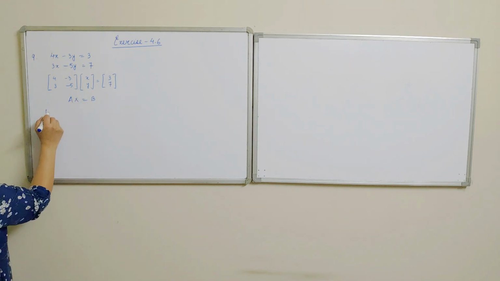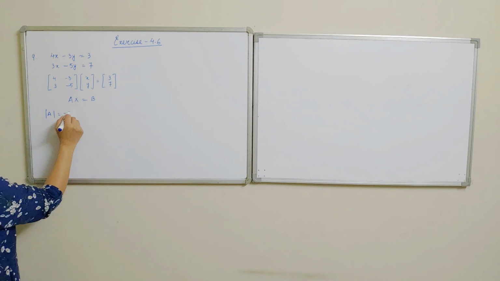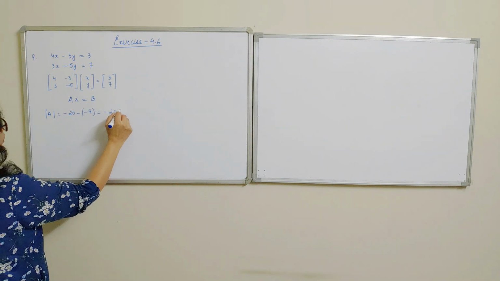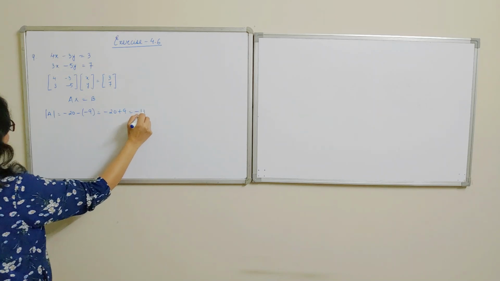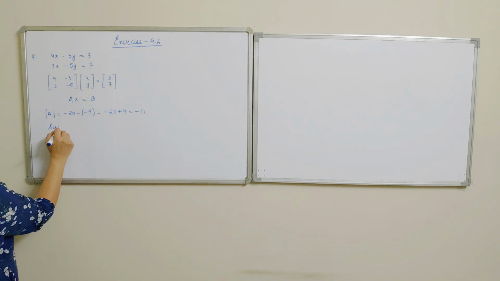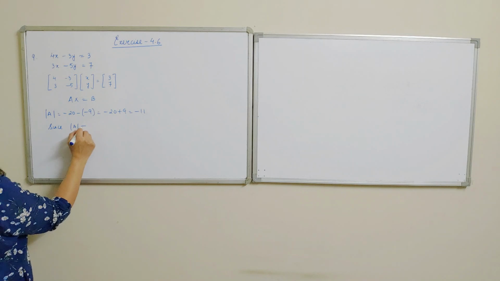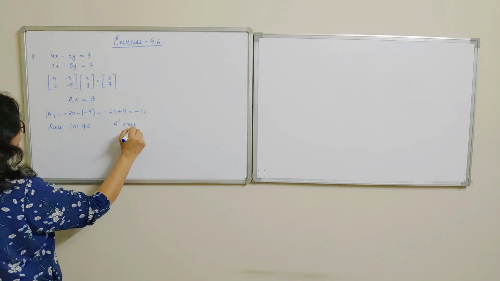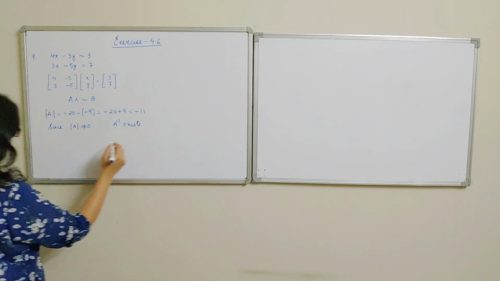So first step, find determinant. It is minus 20 minus of minus 9, so minus 20 plus 9, minus 11. Since determinant A is not 0, we know the inverse exists.